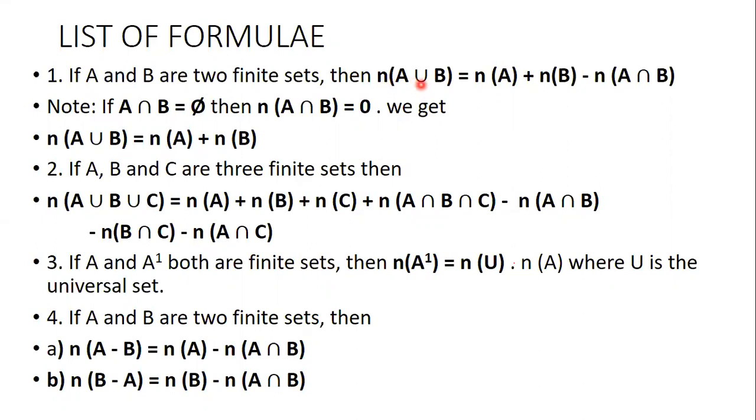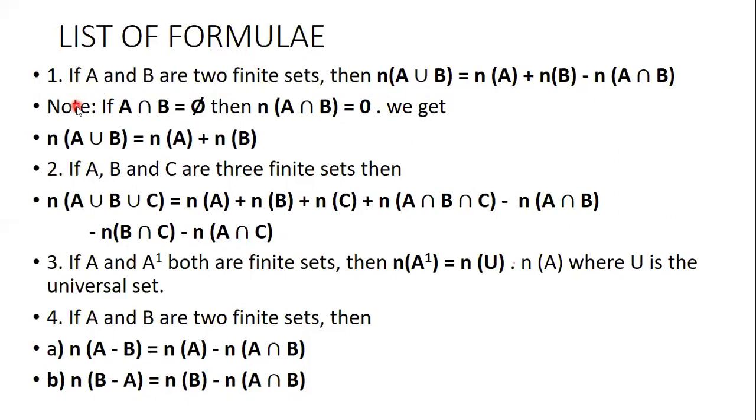If they ask you to find the union, at the last you will have intersection. It is not the other way around. So remember this formula thoroughly. n of A union B is equal to n of A plus n of B minus n of A intersection B. So this is one basic formula.